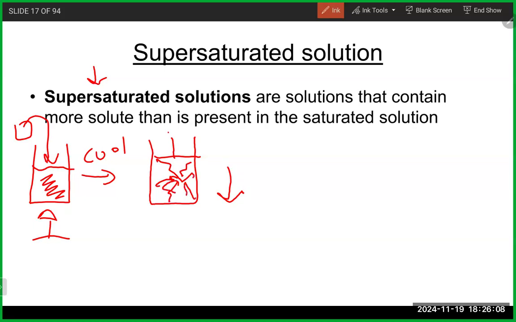Basically all of the solid will come right out of the solution, and you will be left with a rock hard solid, because just that little speck, which you can barely see, is enough to cause it to go, whoa, I should not have this dissolved in there. It is so unstable. I've done these demonstrations before, and if you accidentally tap it on the bench without adding anything, that little tap is enough to cause basically all the solid to come out of solution. It's really, really unstable.